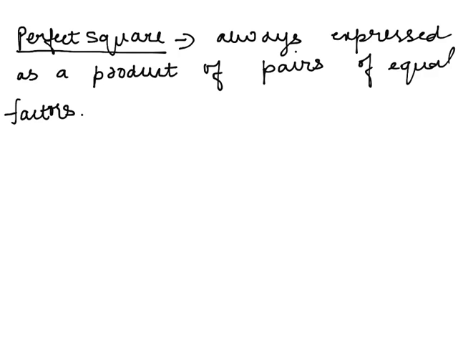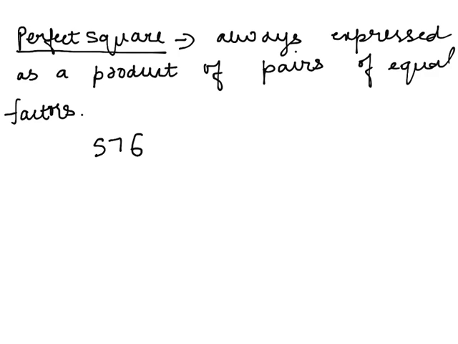A perfect square is always expressed as a product of pairs of equal factors. Suppose we have a number like 576, and we have to find out whether it is a perfect square or not. First of all we will find its prime factors. If they are in pairs, then it can be a perfect square, otherwise not.